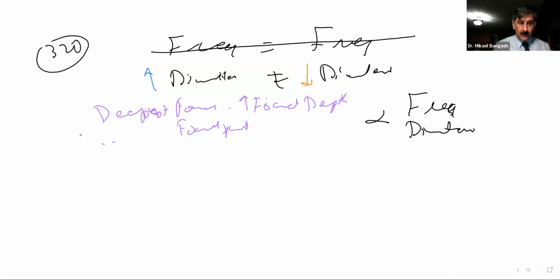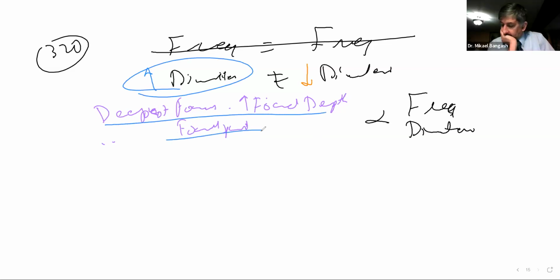The one with the greatest diameter will have the deepest focal point. Did that make sense? Good.